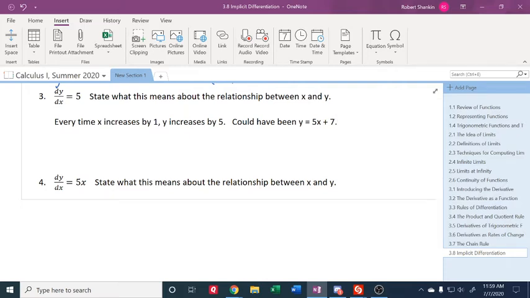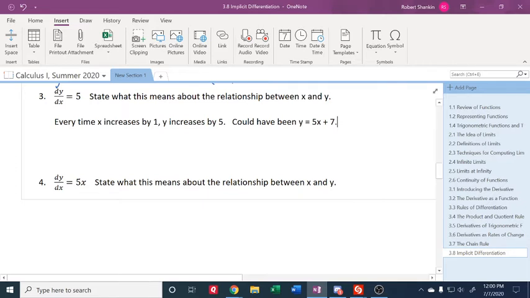Say that again. So then 4 would be the change in slope after the input changes by 1. It's not the change in the slope, it's the change in the output when the input changes by 1.